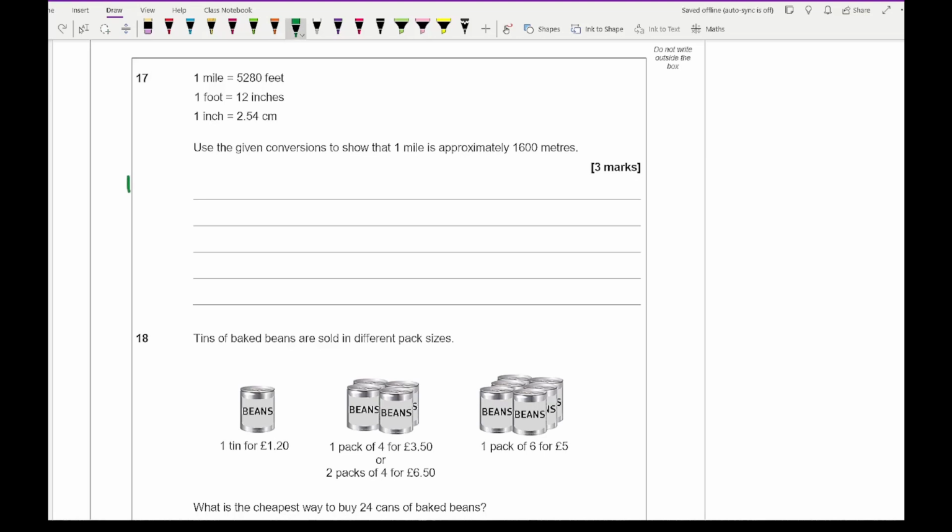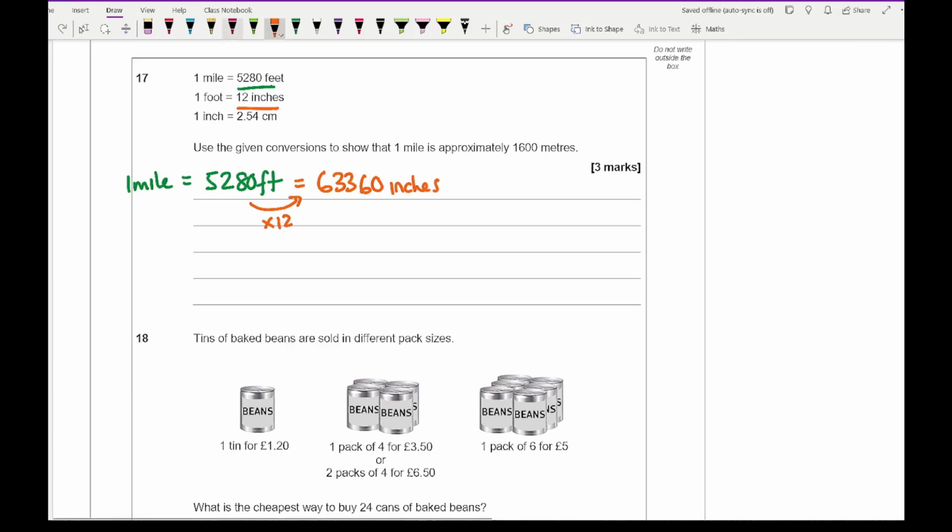Starting off with 1 mile, if I convert that into feet, that's going to be 5280 feet. Then if I convert that into inches, I need to multiply that by 12, in which I get an answer of 63,360 inches.